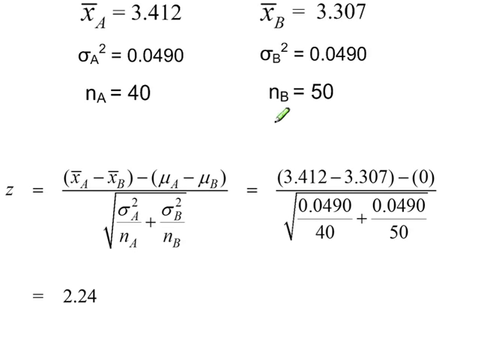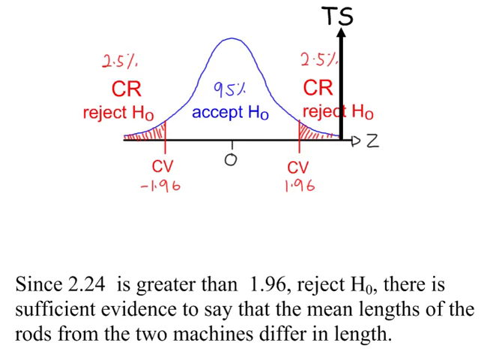So putting all of these values into the test statistic formula, and this part here was 0, gives us a test value of 2.24. So a two-tailed test, 5% significance level, which we split. And we can see that our test statistic, 2.24, is greater than 1.96, so we reject H0. And then we've got the conclusion in context.